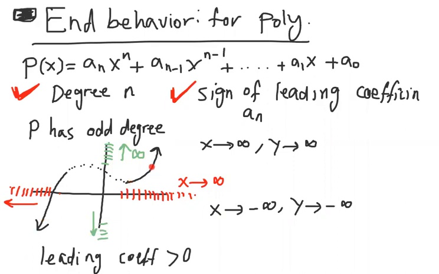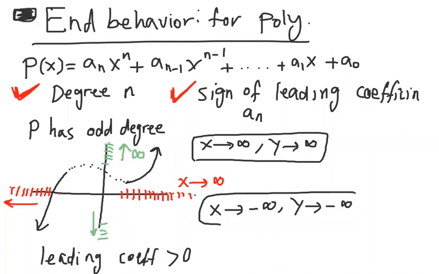In the opposite way, when x is large, y goes up, up, up. So the first case is when b has an odd degree and the leading coefficient is positive. Any question for case number 1?